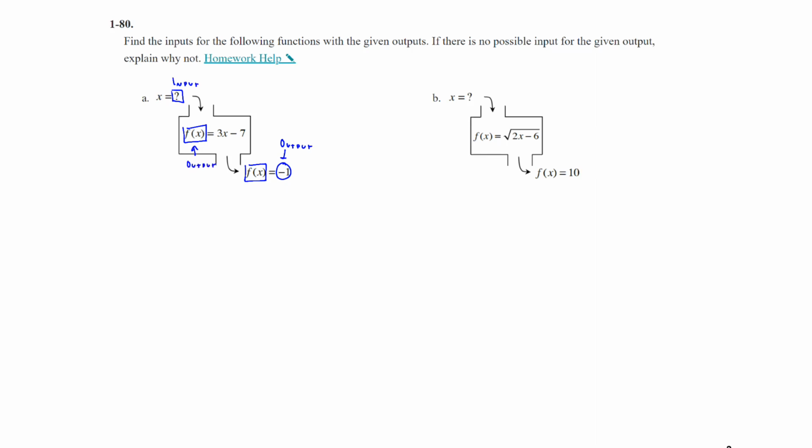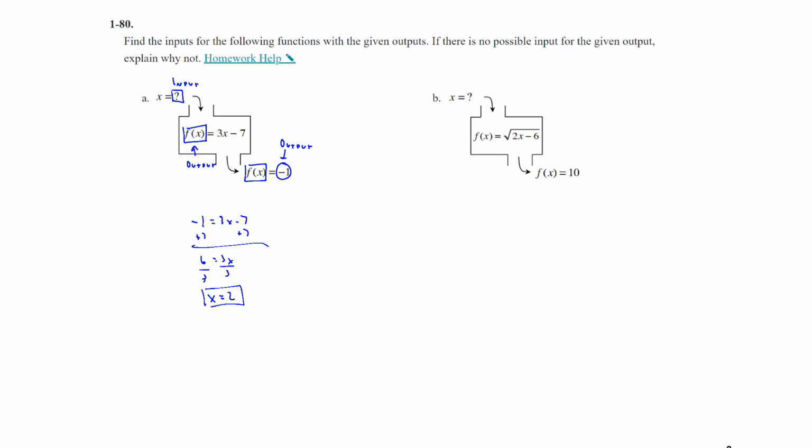And since we know the output's -1, we can say -1 is equal to 3x minus 7. We're going to add 7 to both sides, divide by 3, and we find that the input is x equals 2 to get an output of -1.